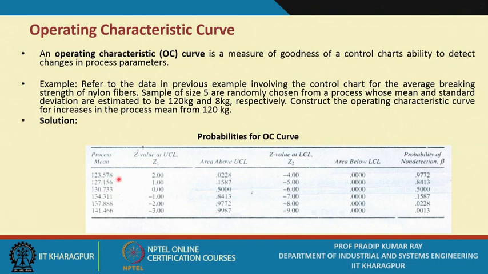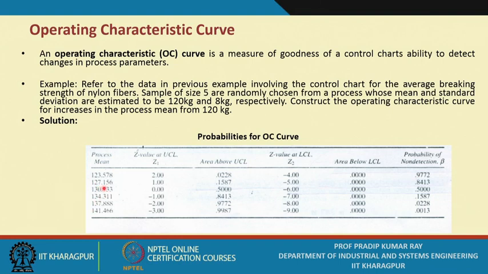Like say here, there are so many process mean values we have assumed, and against a particular process mean, we can compute the Z value and the area above UCL, area below LCL, the probability of non-detection of the shift in the process parameter value. That way we define the probability of making type 2 error. So this is your beta value.